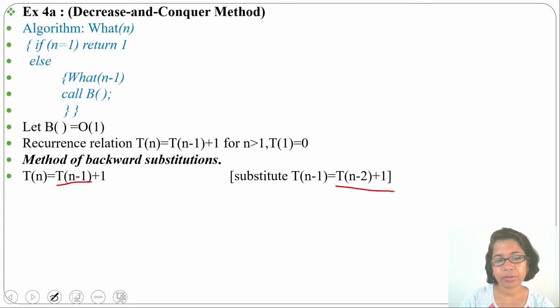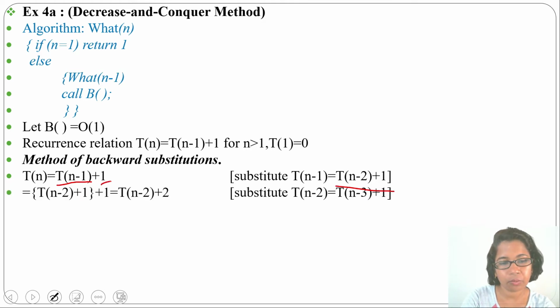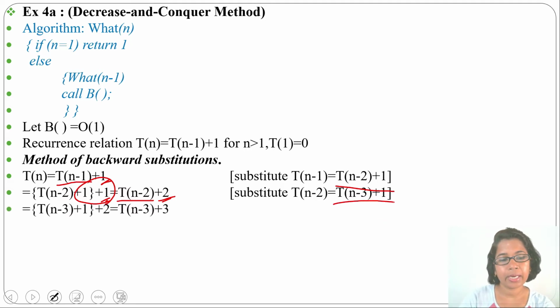So after substitution, we get T(n-2) + 1 + 1, which is T(n-2) + 2. Again, in place of T(n-2), we can substitute T(n-3) + 1. After substitution, we get T(n-3) + 1 + 2, as 2 was before. Now after addition, we get T(n-3) + 3.